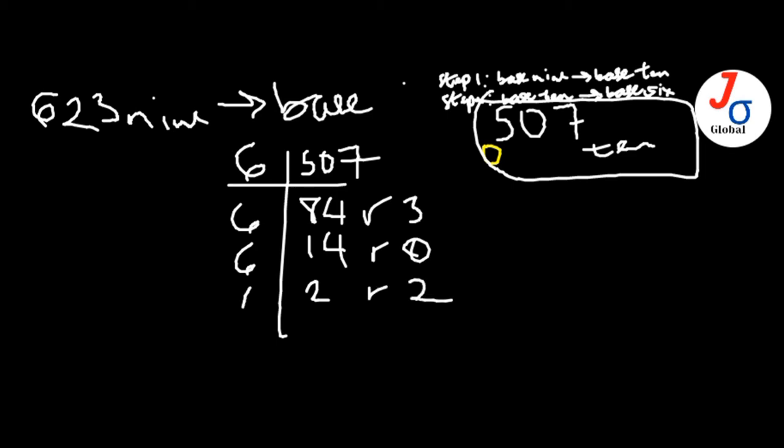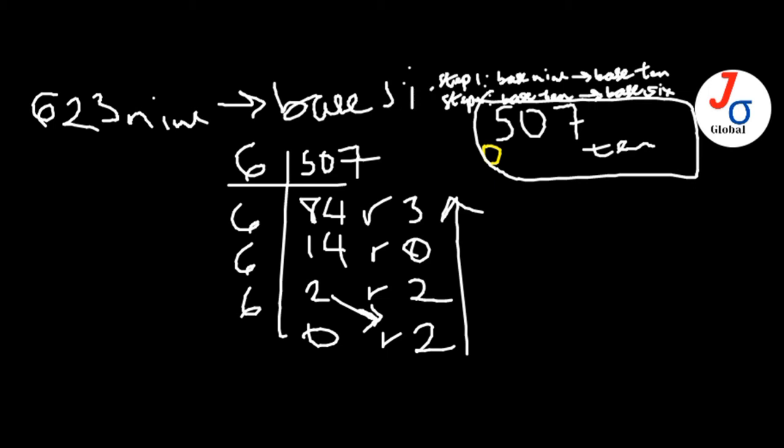And then I have 6 into 2, which is practically impossible, so I'm going to write 0 and bring this 2 down, and 2. So then remember, I'm converting to base 6, so that means my answer is actually going to be 2203 base 6. So that's basically my answer.